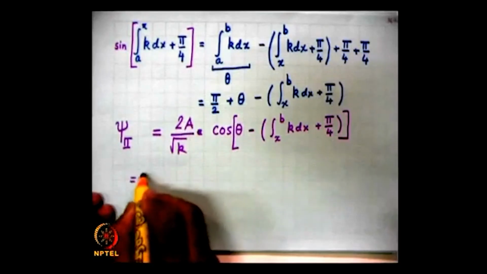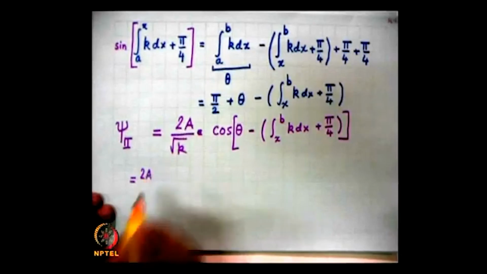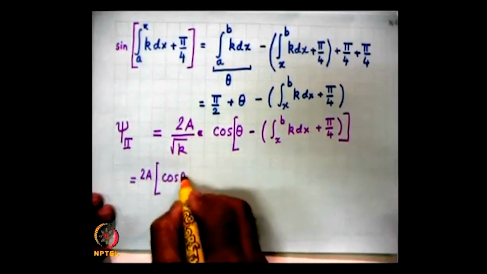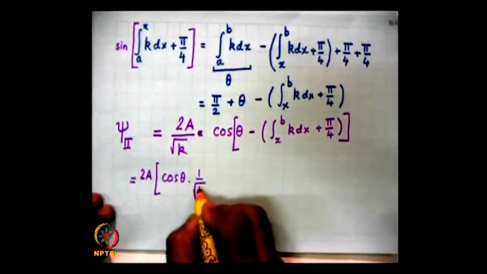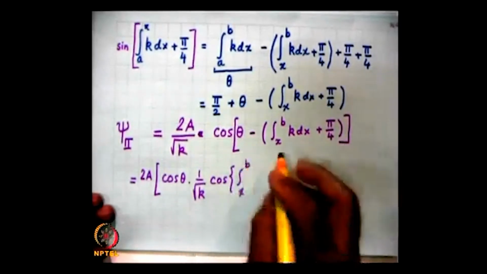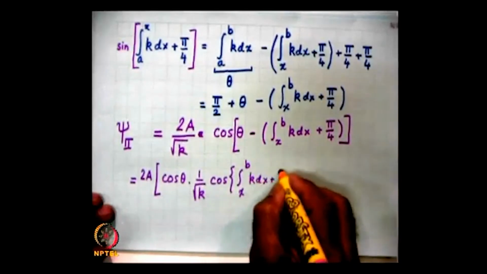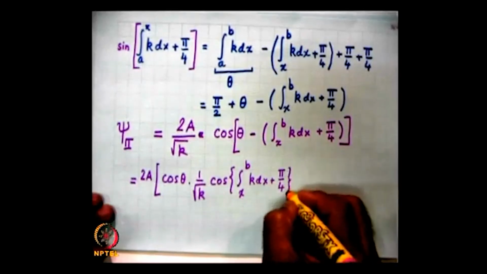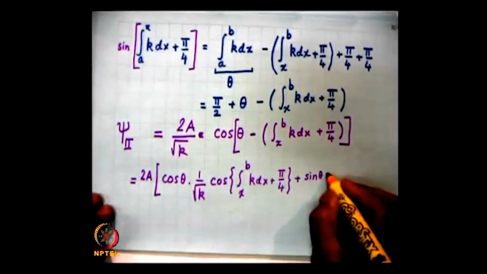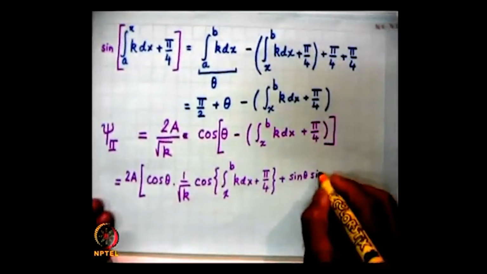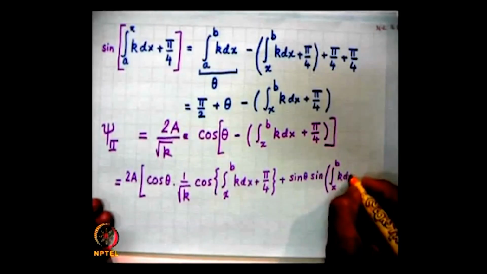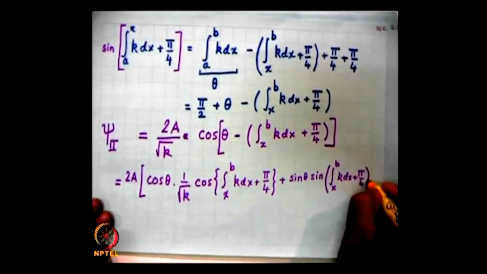So, let me write this down carefully. 2a I take outside, and you will have cos theta times 1 over root k cos of, now this is very important, integral x to b k dx plus pi by 4, plus sin theta and sine of the entire quantity, sine of integral x to b k dx plus pi by 4. Okay.